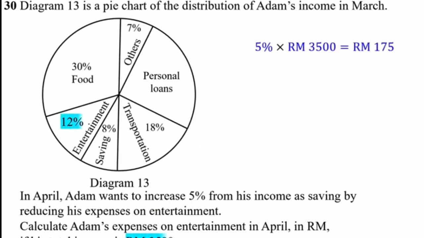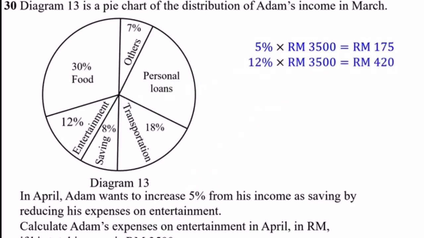The question is asking about the amount of money spent on entertainment in April. So we need to know how much the entertainment is first. It's 12% of the total 3,500. After you calculate, you get the entertainment is 420.